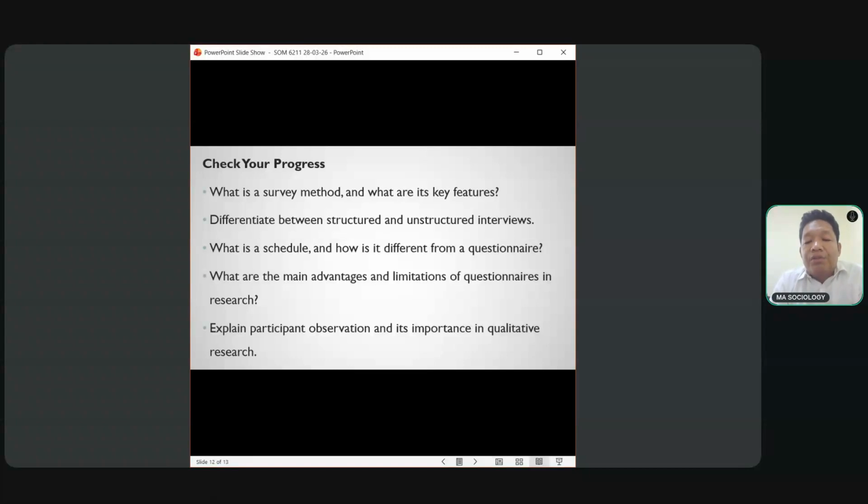Explain participant observation and its importance in qualitative research. These are the questions from Unit Block 3 that may come during your exams. Please take note of this, and we will discuss in the next class if you have any queries regarding the research techniques we have discussed today.